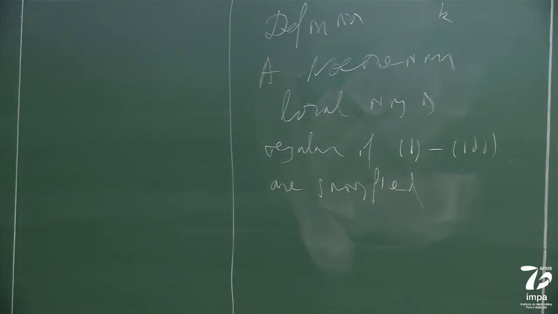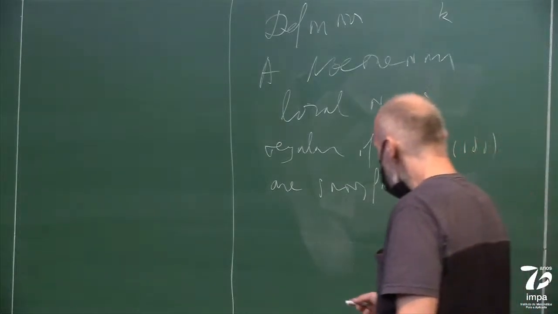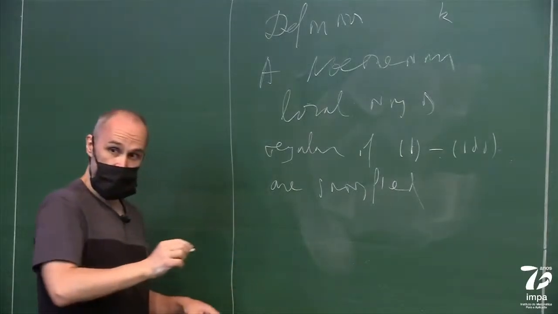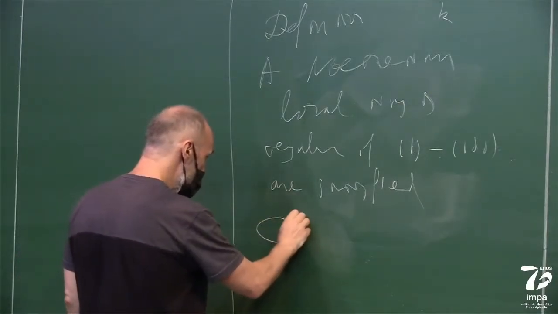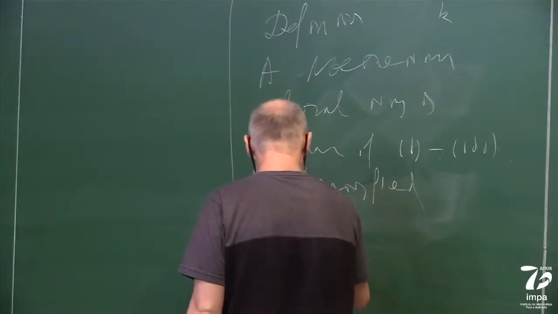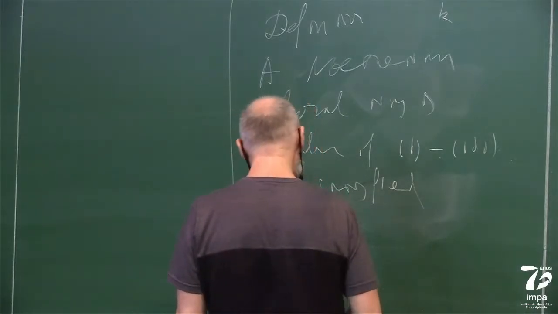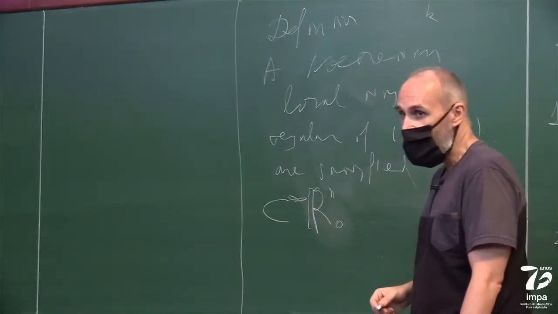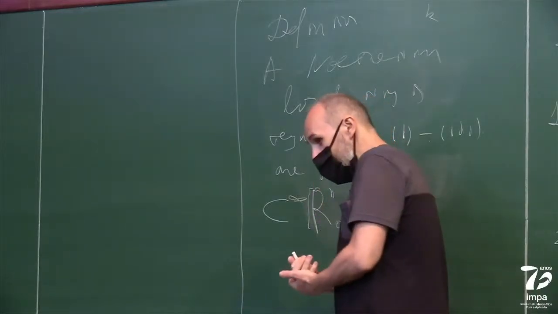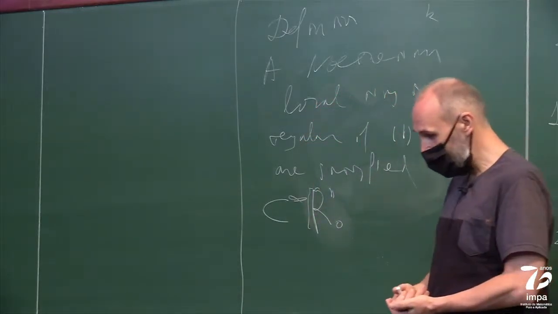Noetherianity is necessary. For instance, if you consider the ring of smooth functions, C infinity of Rn, localized in 0. So what is the maximal ideal of this ring? It's functions which vanish in 0.